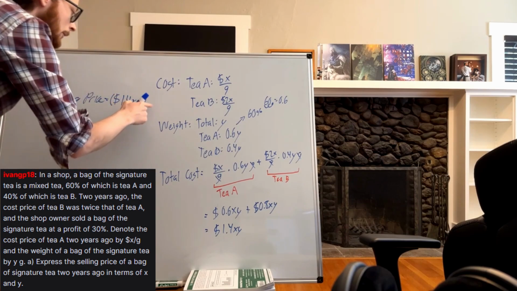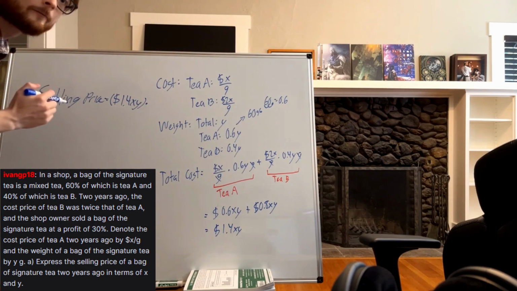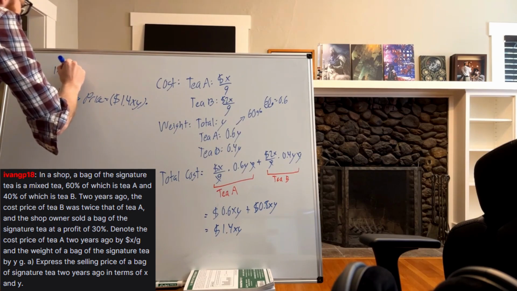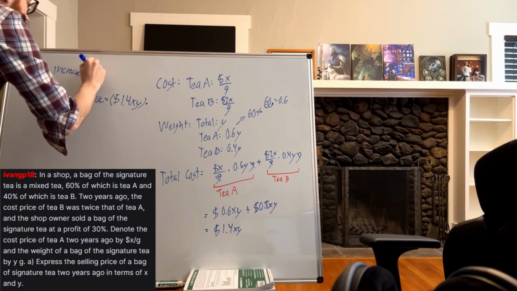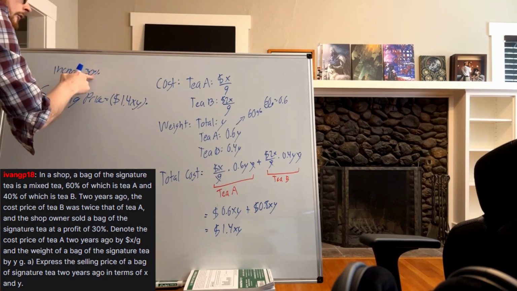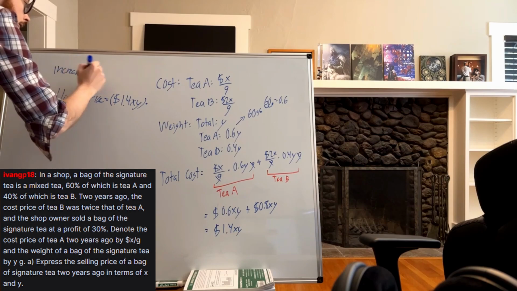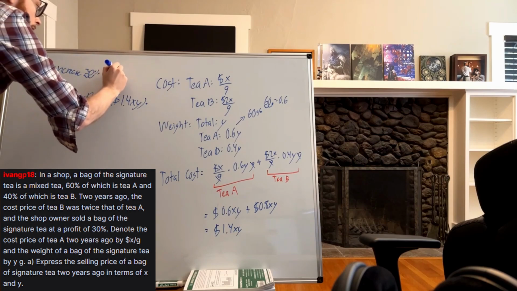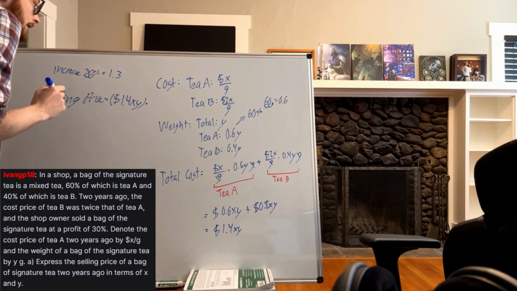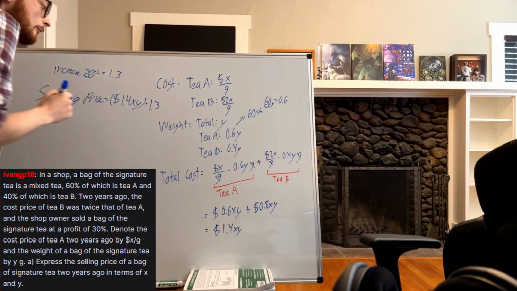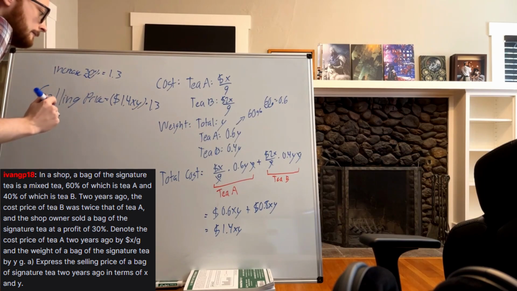And then we need to multiply by something to increase by 30%. If you want an increase of 30%, we use our same rule to move the decimal to the left twice. Then you put a 1 in front of it now instead of a 0. So it's 1.3. And that's what you multiply by. So you multiply by 1.3 if you want to increase whatever this is by 30%.